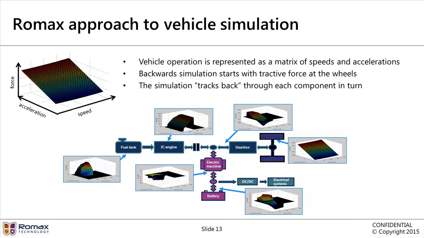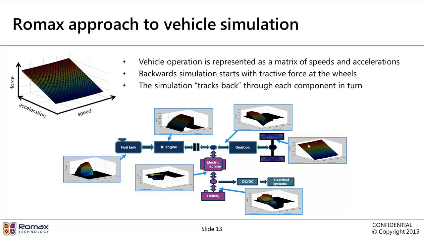We use a backwards simulation method, which means we start with the force needed at the wheels to fulfill the drive cycle, and then track back to calculate the fuel consumption, rather than the other way around. The backward simulation method is simpler and runs faster than forward simulation. It does have a limitation in that it can't model the driver behaviour quite as accurately as forward simulation, but it is still good enough for concept design.